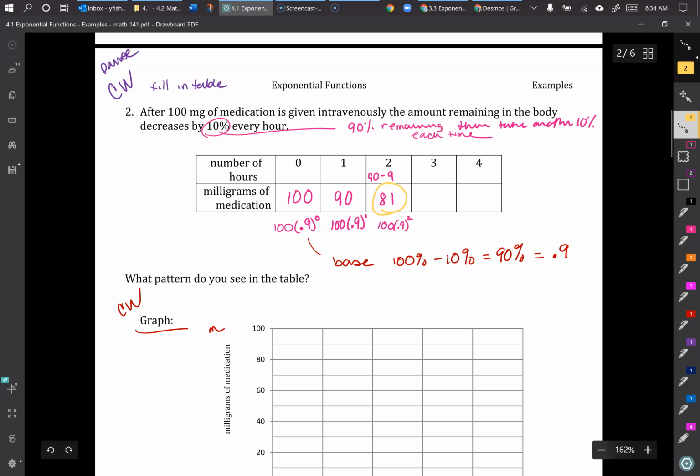That would then be 81 in the second hour, and you can see that's going to be 100 times 2 factors of 0.9. Be careful, the common mistake is people will just put 0.1 in there for the base, but you have to think it's 100% minus 10% gives me 90%, converted to a decimal is 0.9. All these functions are going to have your base as a decimal, not the actual percent form. So remember to shift that around.